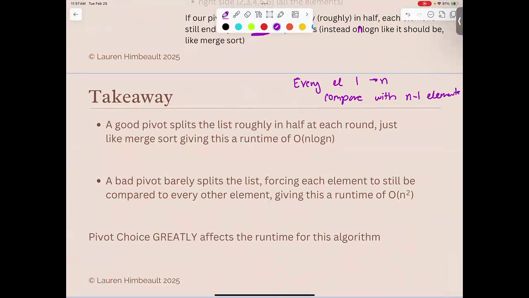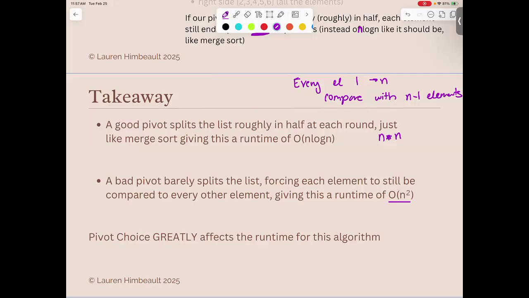Instead of saying compare with log n, we're saying compare with n minus 1. And that's like saying n times n minus 1. And if you remember from the previous videos, we don't care so much about that minus 1. We basically just get rid of it at the end of the day. And we end up with n times n. So this ends up with a runtime of n squared, right?